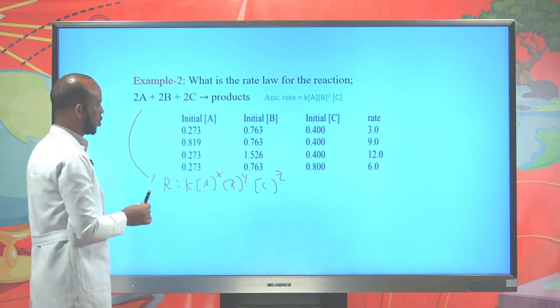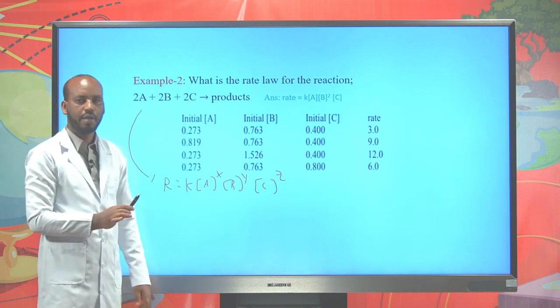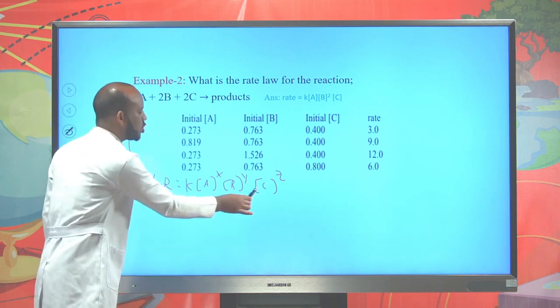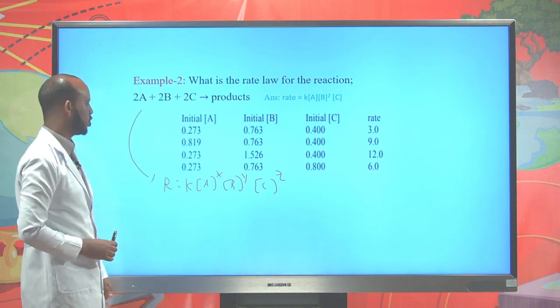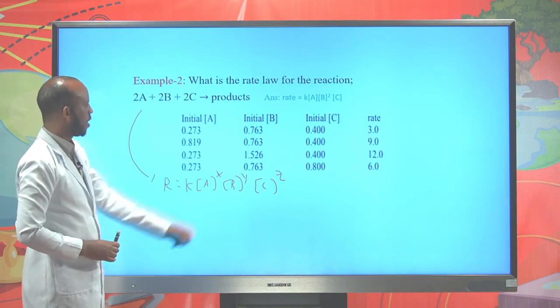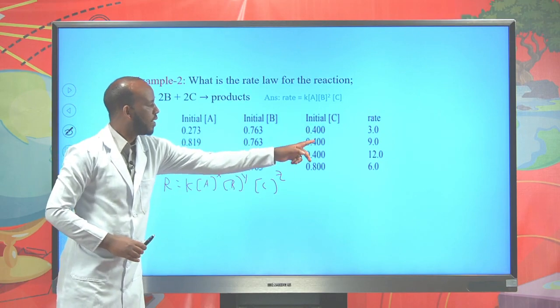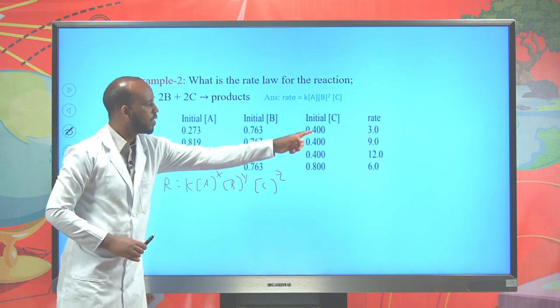To get the value of x, vary the concentration of A while keeping the concentrations of B and C constant, as in experiment 1 and experiment 2.